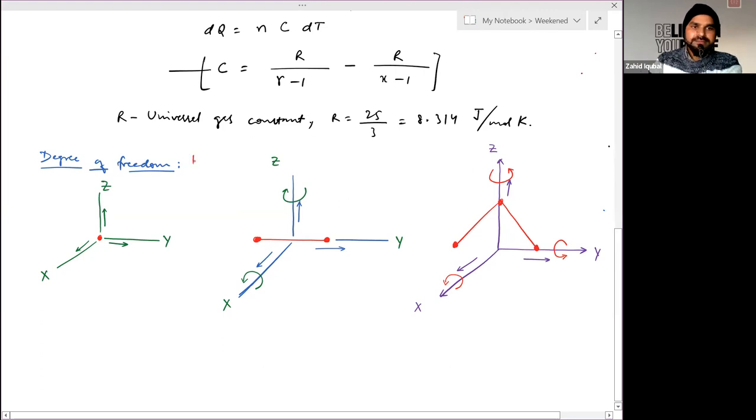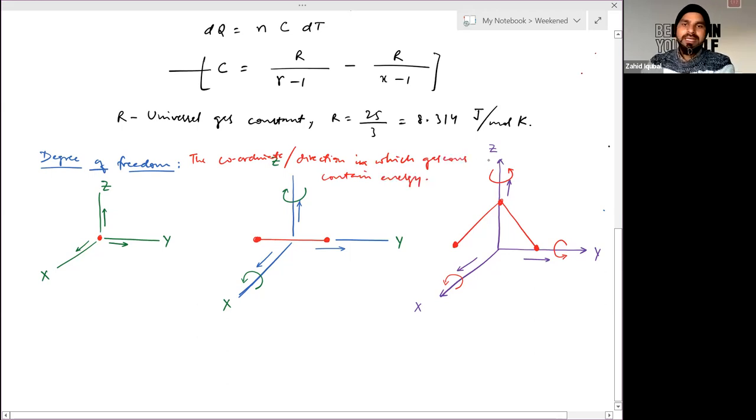It defines the coordinate or direction in which a gas or gaseous particle or molecule contains energy.